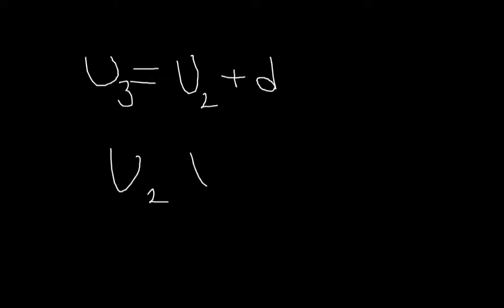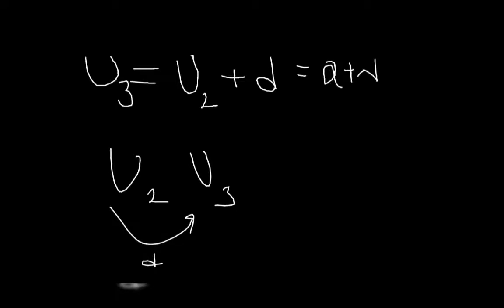Next term, u3, will be u2 plus again d, because the difference is common between all of them. u2 was a plus d, so u3 is a plus 2d. So if you see the series now clearly, the series is forming as a, a plus d, then the next term will be a plus 2d.